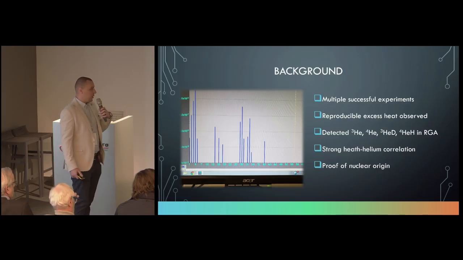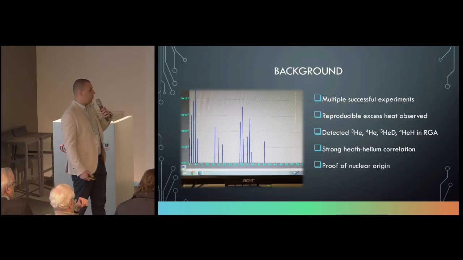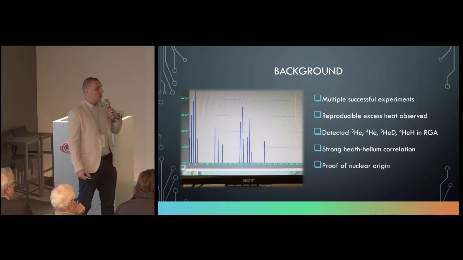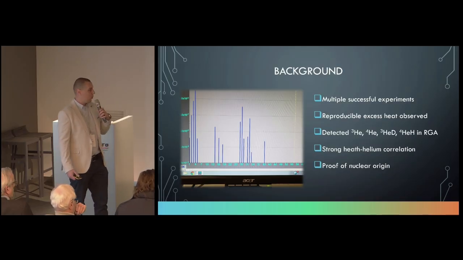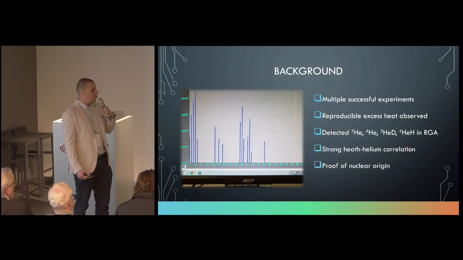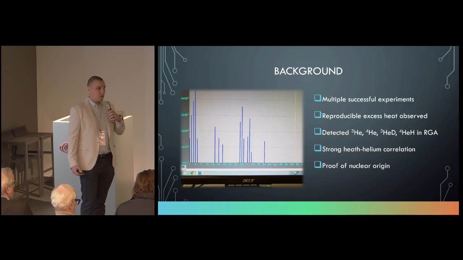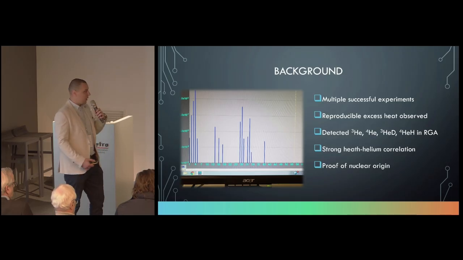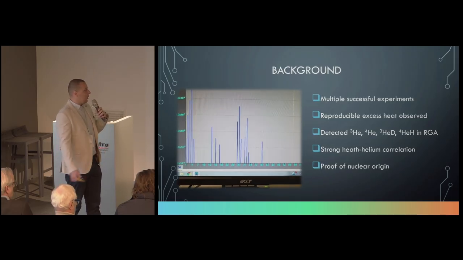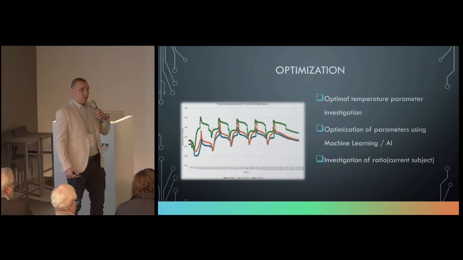In previous works, we have proved a strong helium-heat correlation to provide proof for the nuclear origin of the reaction. My study does not focus on that, but tries to get to the next phase of it.